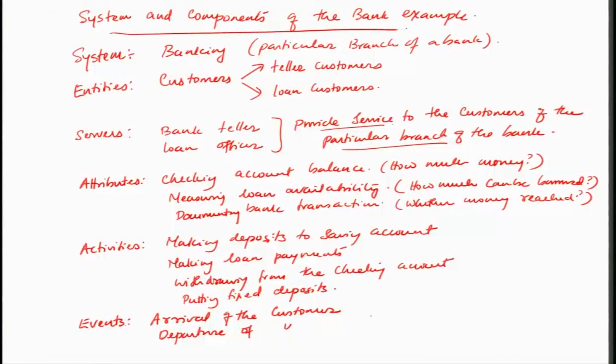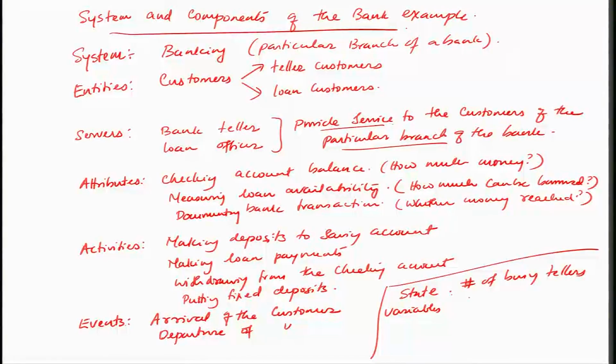Right. And then the last aspect is the state variables, the system state variables. That includes the number of busy tellers, how many tellers are busy, the number of customers waiting in the loan officer queue, okay.